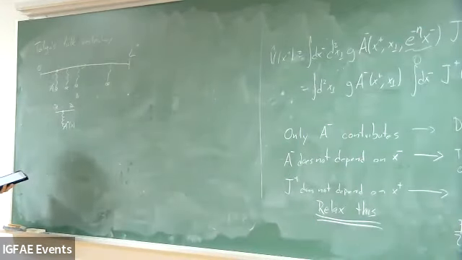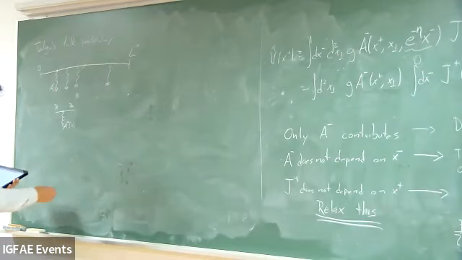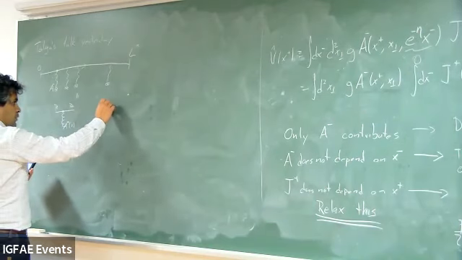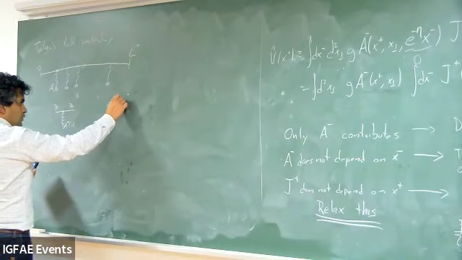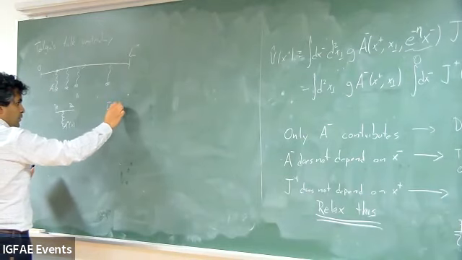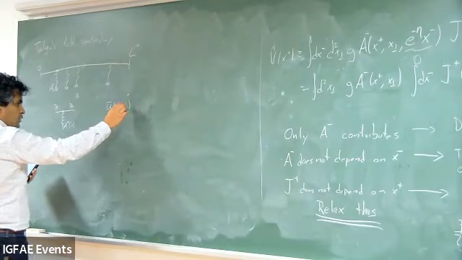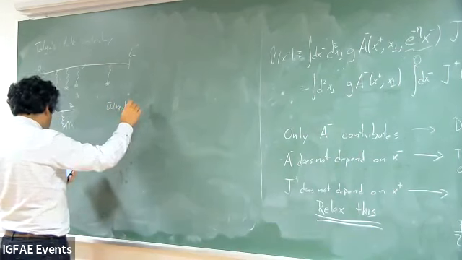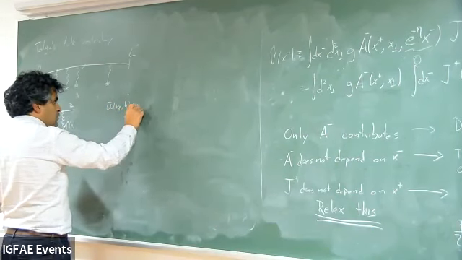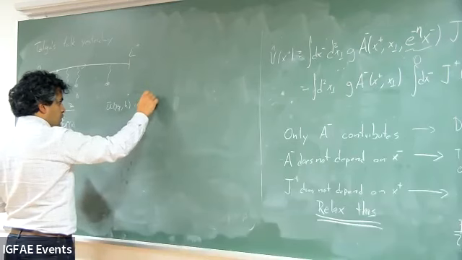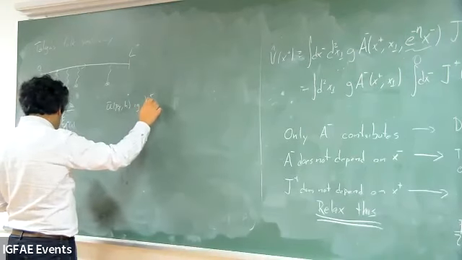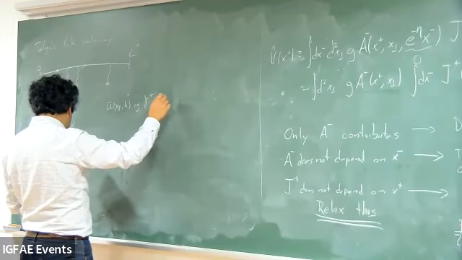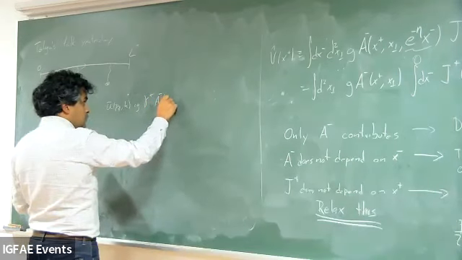So this will have just a spinor for my final momentum, there's a gamma plus, an A minus, evaluated at x.